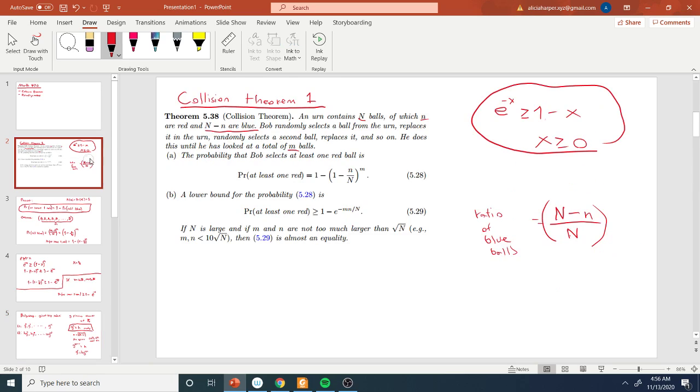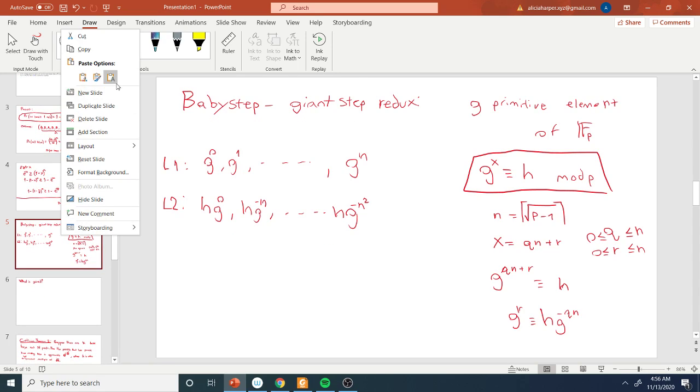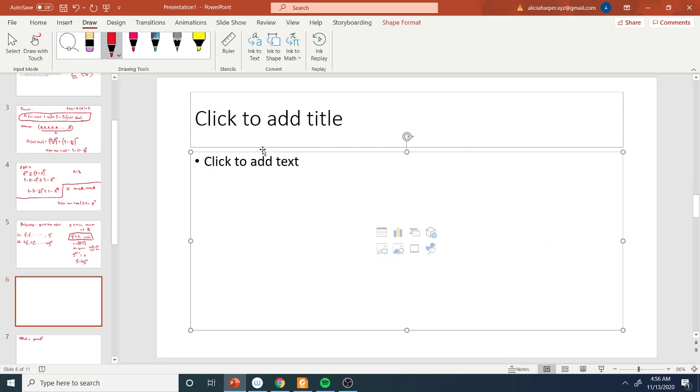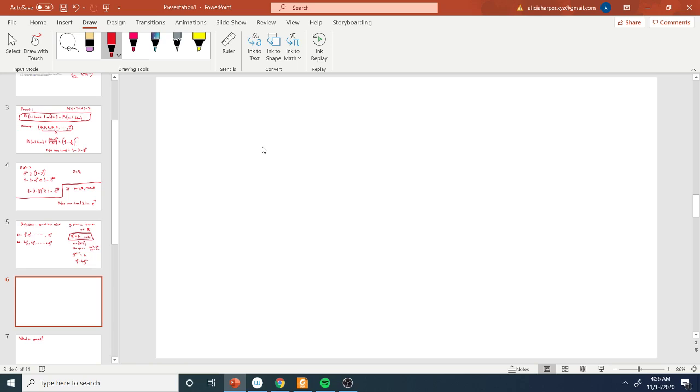But now the first collision theorem right here can be used to give a different version of it that's probabilistic. And the way this works is as follows.